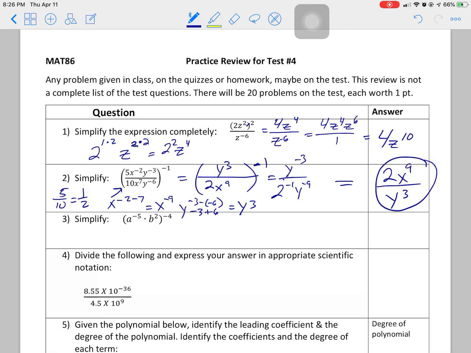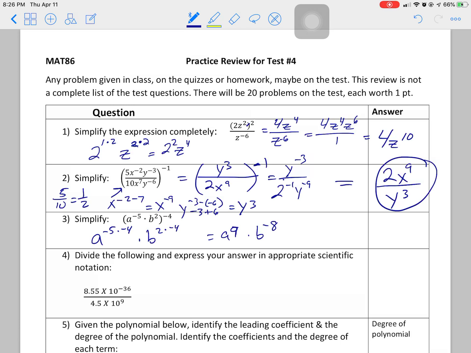So that works. All right, this is a to the negative 5 times negative 4, b to the 2 times negative 4. That's going to be a to the positive 9. Sorry, that's a 9, and that's an a. Times b to the negative 8.